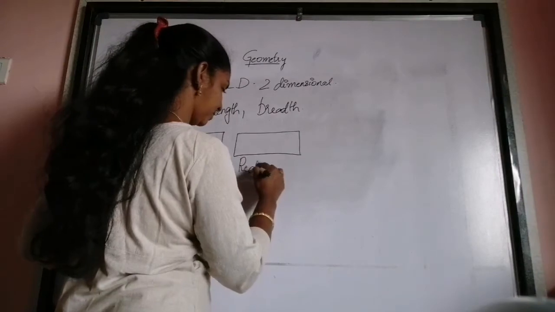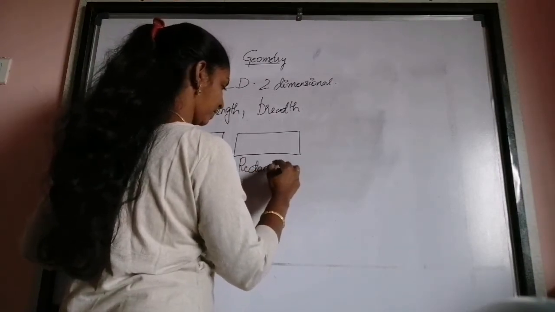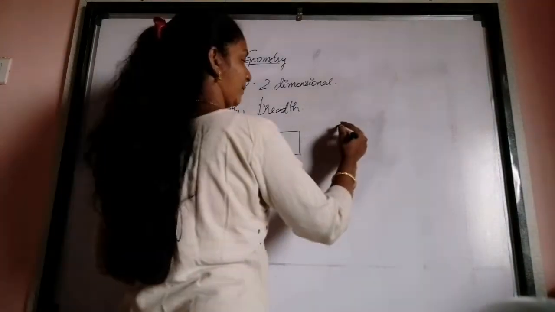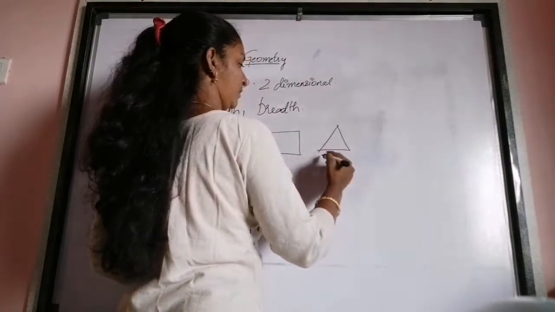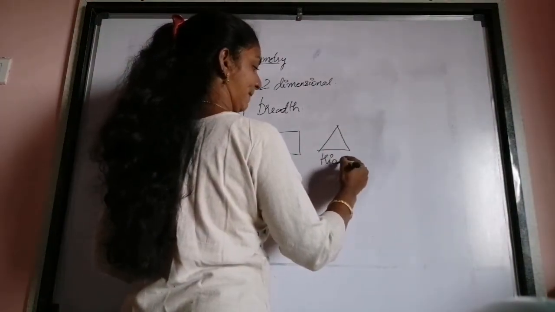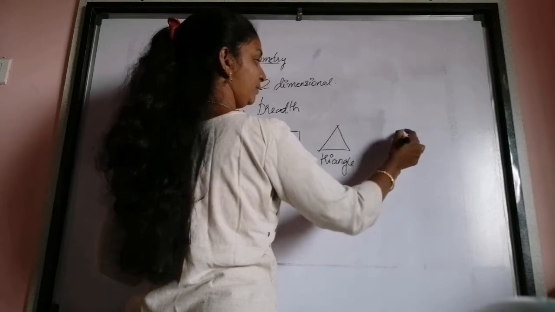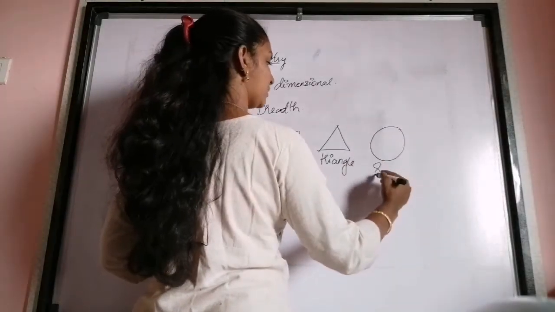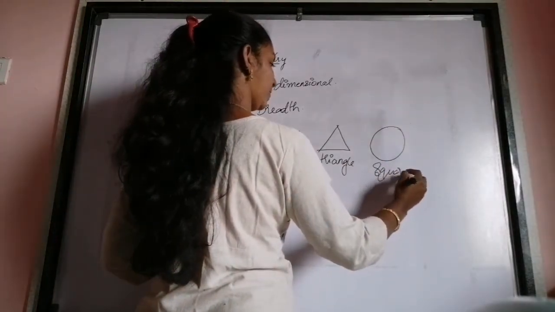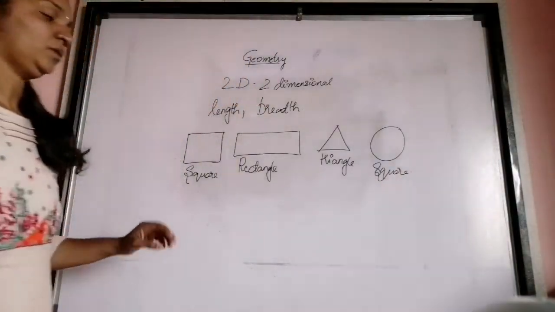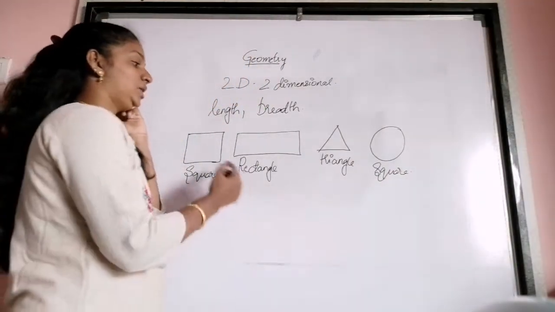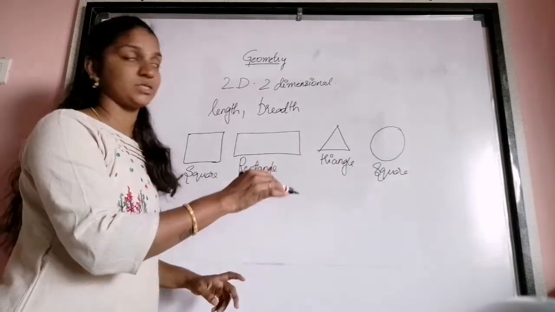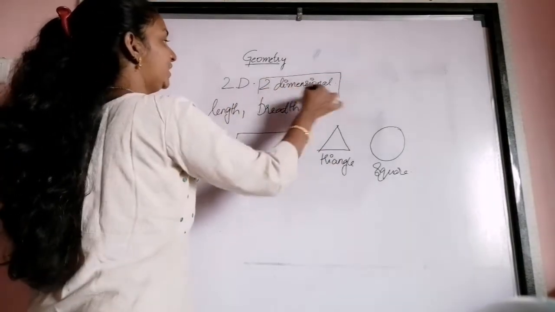Rectangle. Triangle. Circle. These four are called two-dimensional figures.